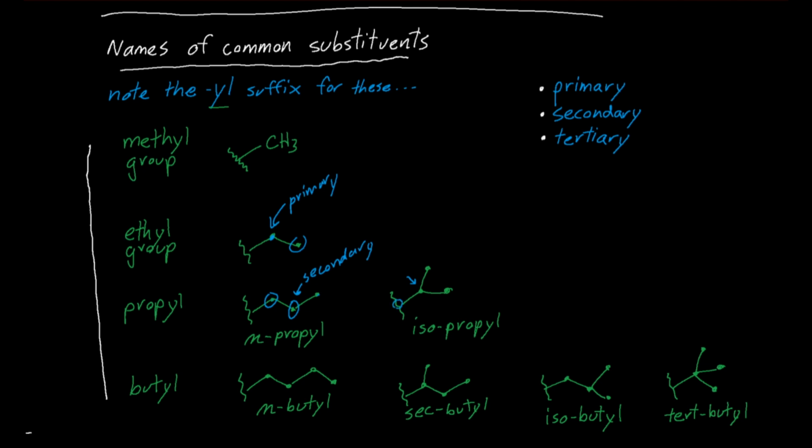Notice the tert or tertiary butyl. This carbon is connected to 3 other carbons, so it's tertiary. As a substituent, it's tertiary. There is one other word that comes into play here sometimes, and that is if, for example, there was a carbon here, that carbon that we called tertiary would actually be quaternary.